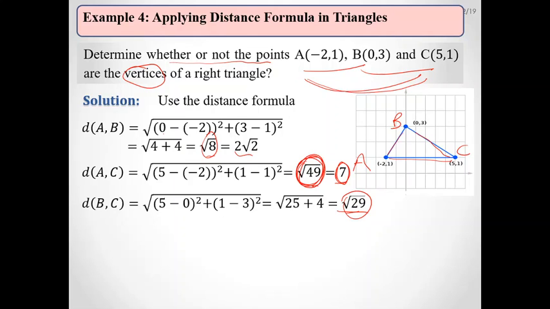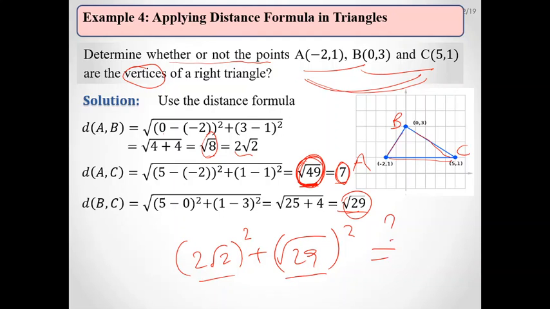So if it's a right triangle, the hypotenuse, the biggest side, should be this one. So we check, is this equal to the sum of the squares of the shorter sides? Is it equal to 7 squared? Because this is the biggest side.